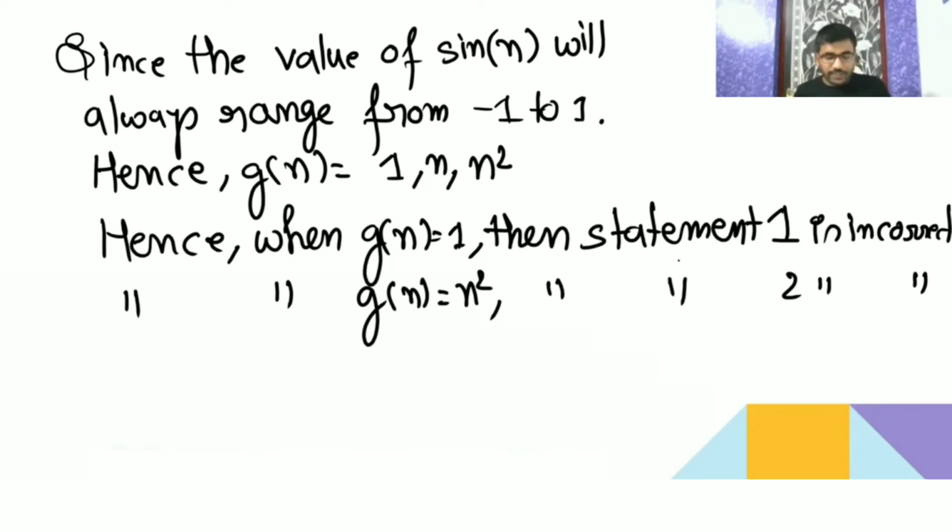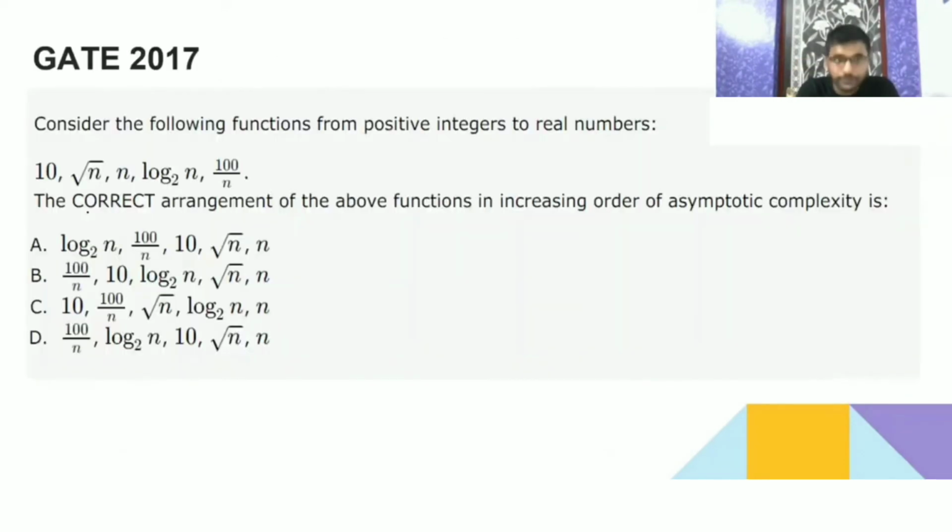Now we are going to see the last question of asymptotic notation, and our previous year questions of asymptotic notation are going to be finished. Now try this. This was asked in GATE 2017.